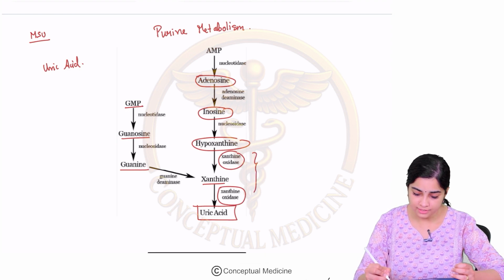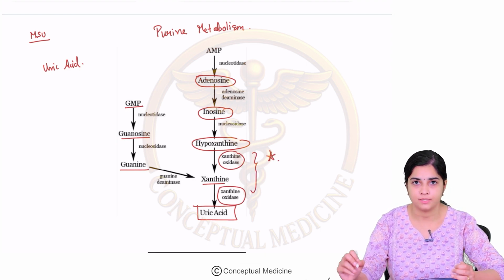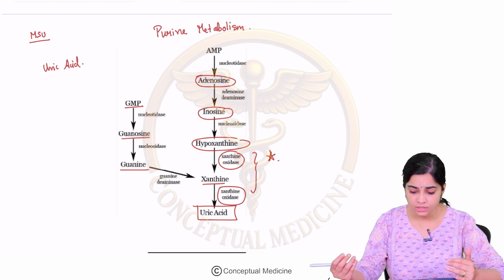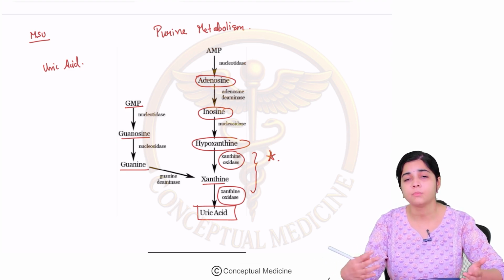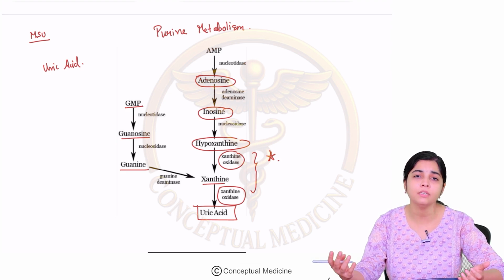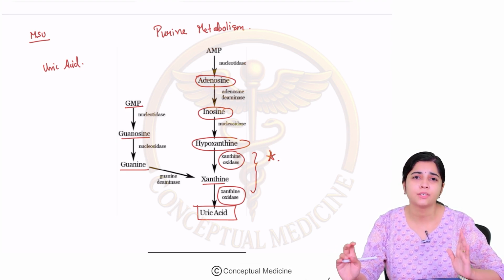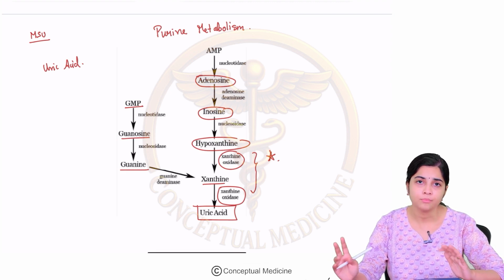So if there is excessive activity of any of these enzymes, or the xanthine oxidase activity is more, then uric acid formation can be more.